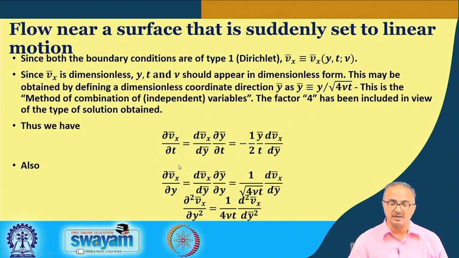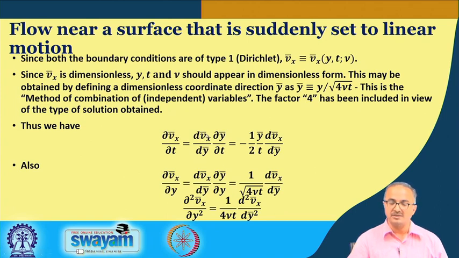Now you see that dou v x over bar by dou t may be written, this is purely calculus, as dvx by dy. Why do we put d, not dou? Because with this definition of y over bar, v bar becomes a function of only y over bar. So, the partial differential is gone, we are replacing the partial with the total differential.